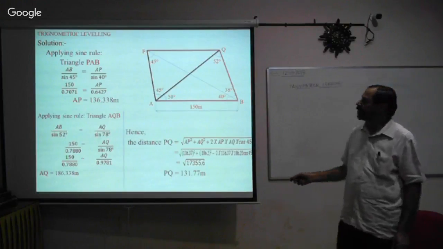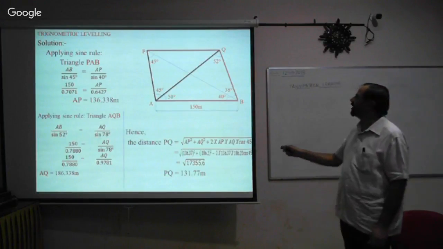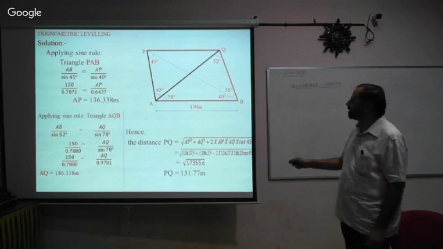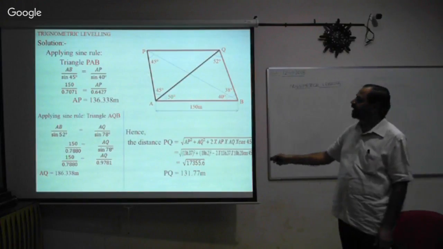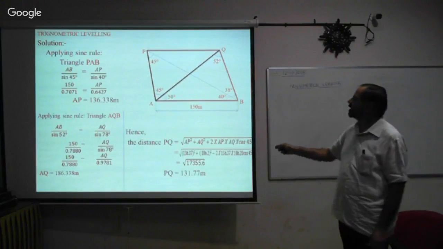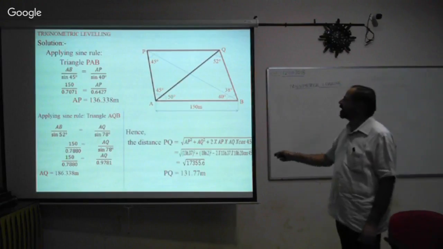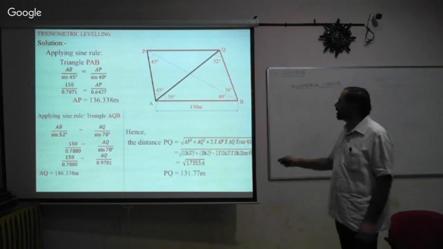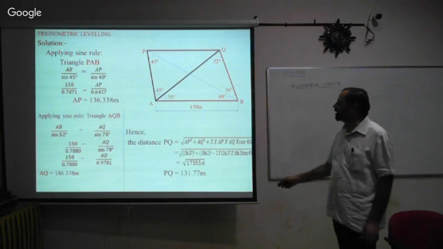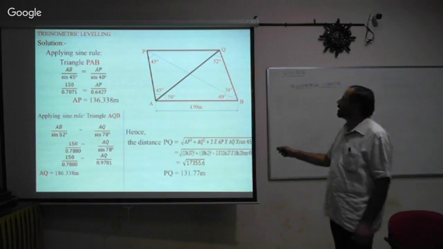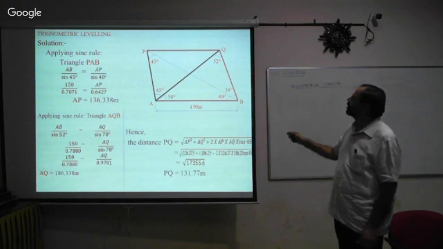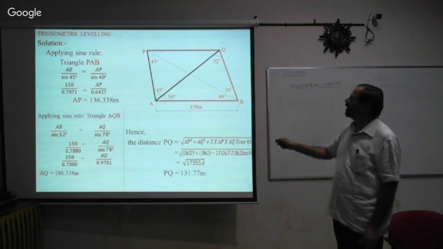And also to calculate the distance between P and Q, now consider this triangle. This distance is known. This distance is known. We have calculated here. AP is calculated from the sine rule by solving this triangle, and AQ is also solved by considering this triangle. Now these two lengths are known, and this angle is known, isn't it? Now, therefore, let us find out what is the distance between PQ.